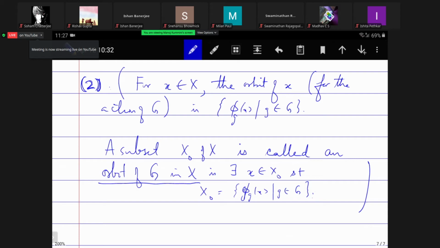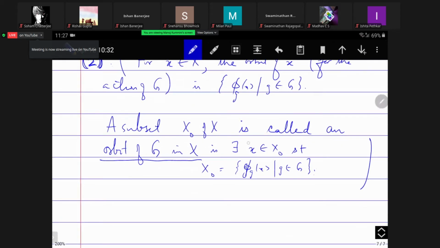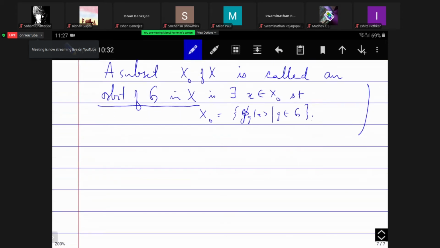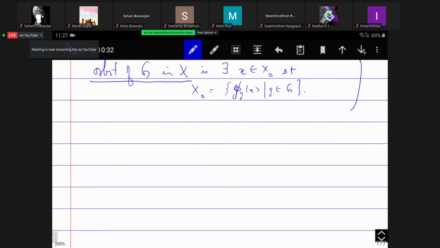Now we want to claim that every equivalence class is an orbit and every orbit is an equivalence class. Once we start writing out the proof, you will see that these are just tautological statements. The equivalences are sort of clear, but it's a good exercise to write it out.